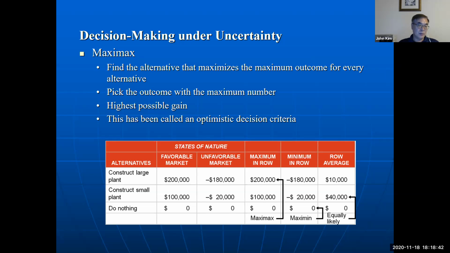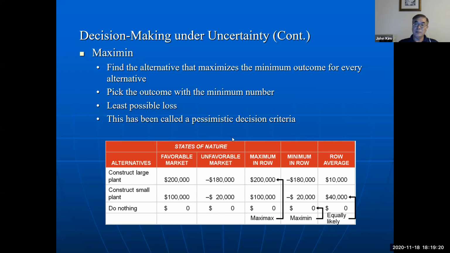If I'm a decision maker, some people take risk, and some people make decisions as risk averters. So if the decision maker is a risk taker, maybe they use this maximax method.